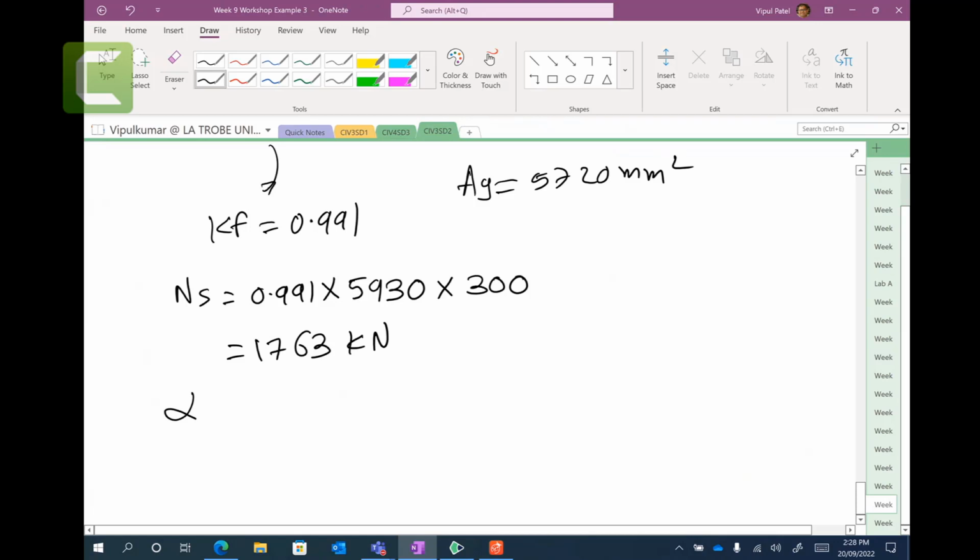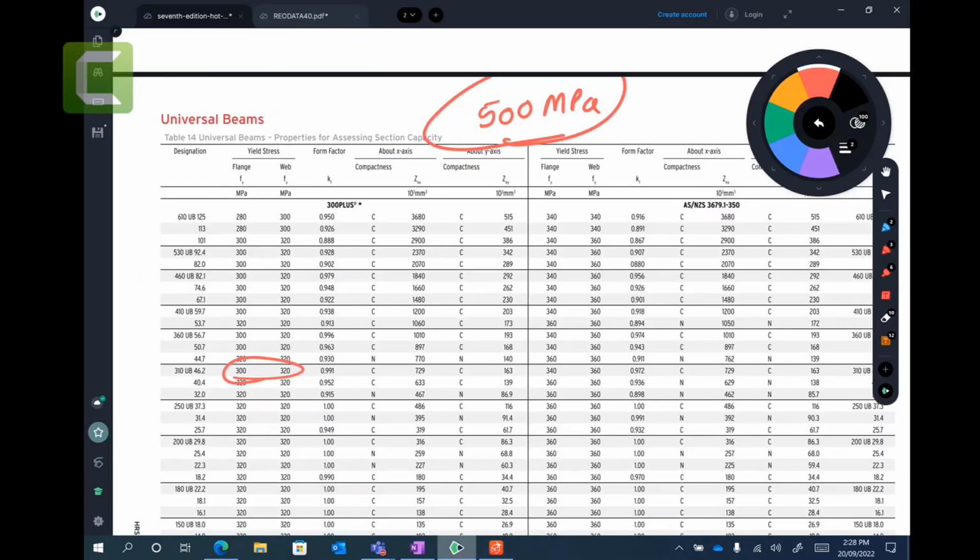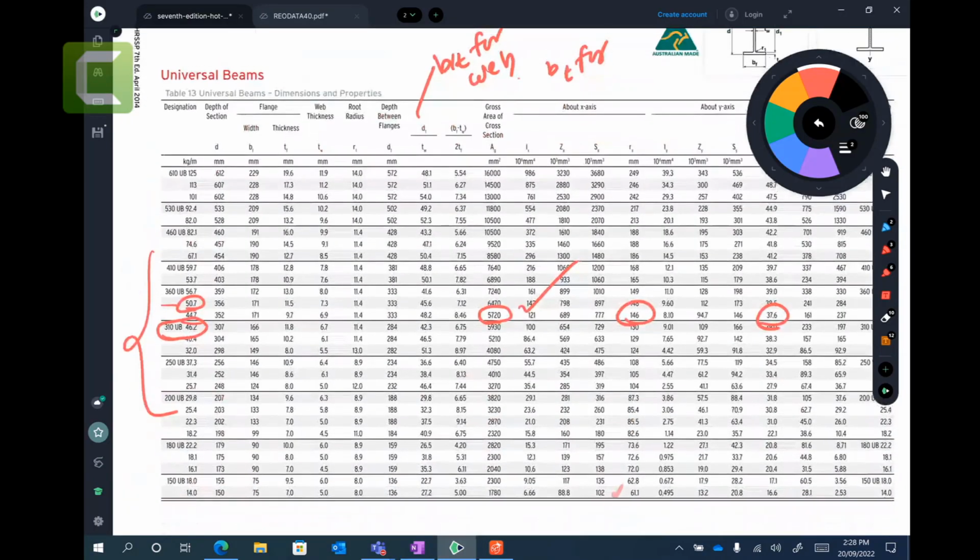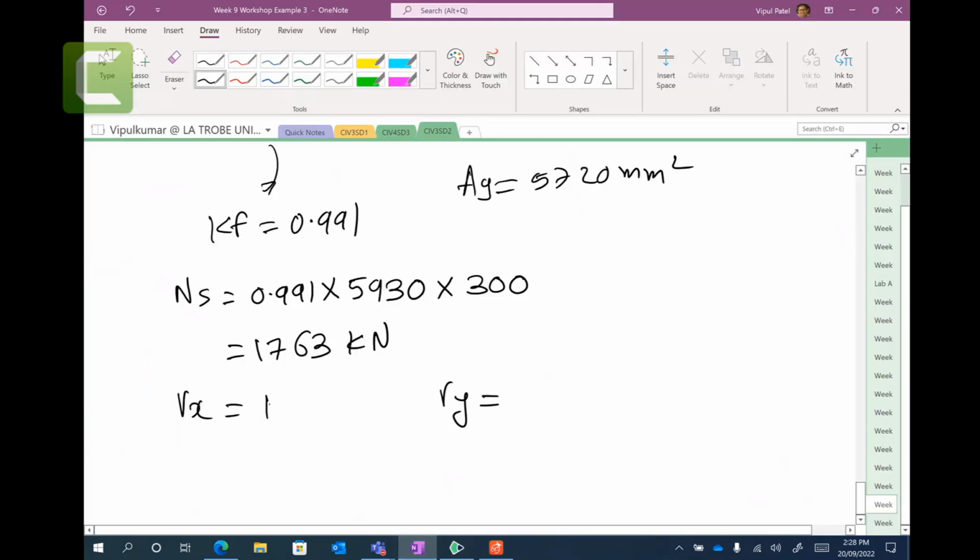Now we need to get all this business. We need to get rx and ry, the 130 and 39.